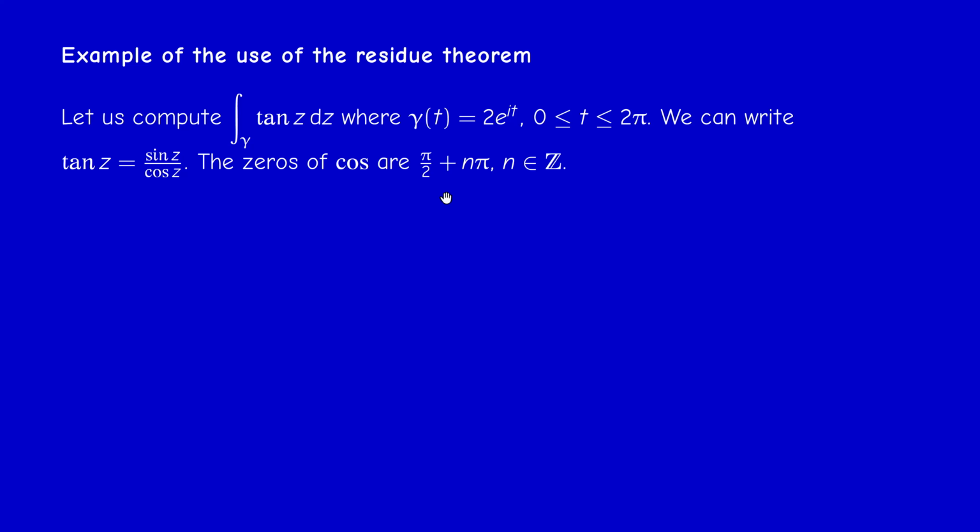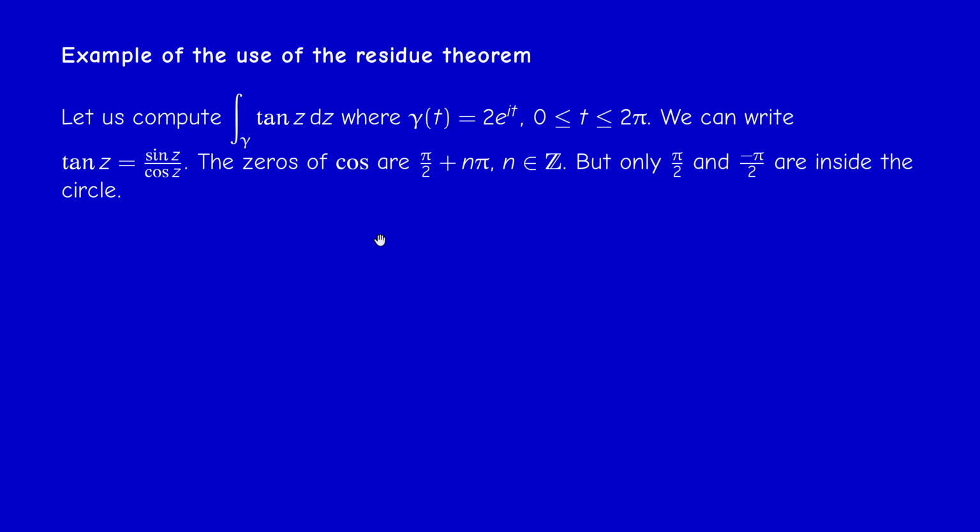Usually, only the singularities inside the circle influence the result, because for the singularities outside, their index is 0, so they don't contribute. So if you look at the circle of center 0 and radius 2, you will see that only pi over 2 and minus pi over 2 are inside.